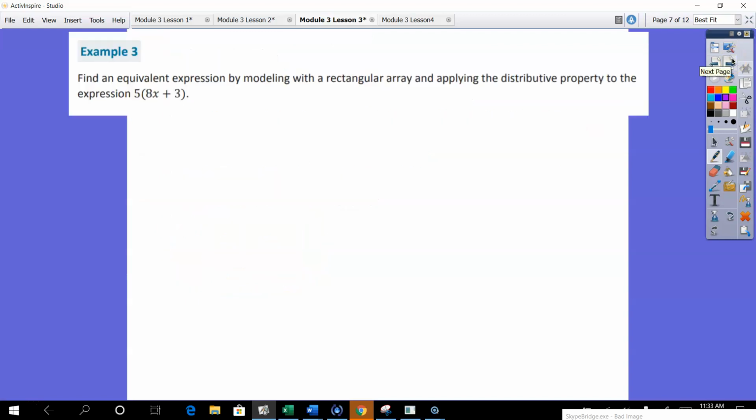Okay, in example 3, we're going to find an equivalent expression by modeling with a rectangular array and applying the distributive property. Okay, so we have on the outside 5.